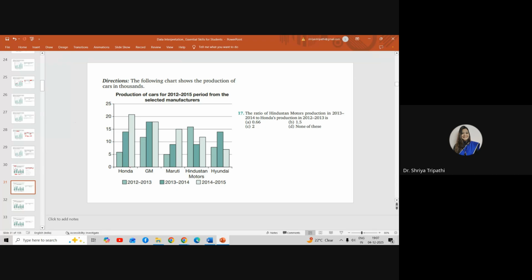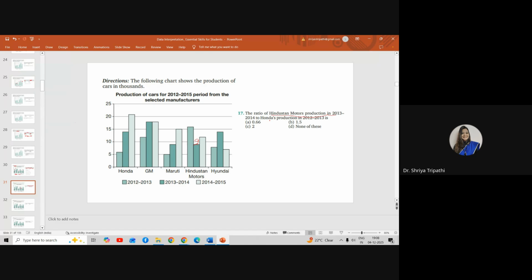One student has answered B. Others, participants? Ratio, I'll understand, is a comparison kind of thing. Now here Hindustan Motors in 2013-14, as I said the darkest one, it is 9.